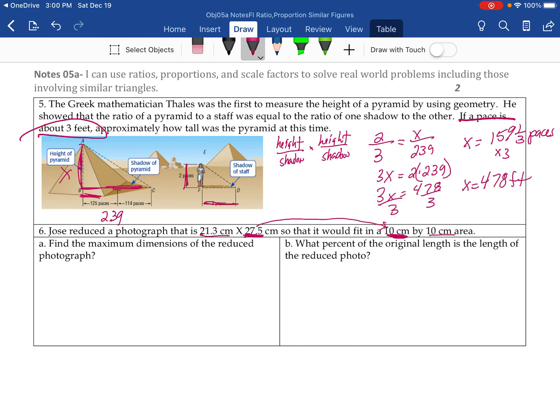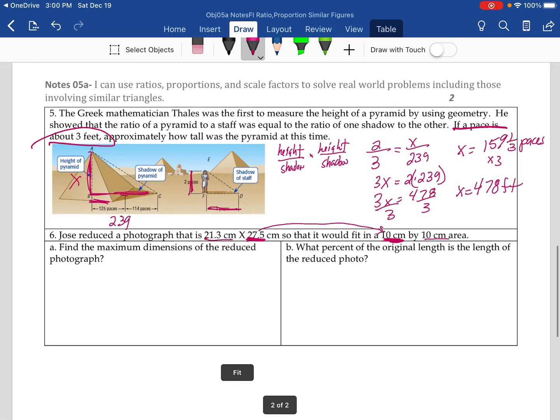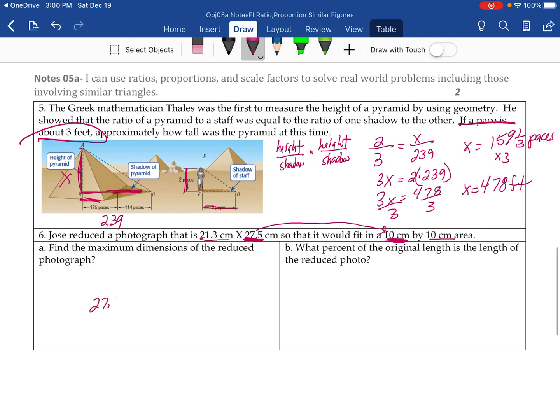Because we want to be able to use a maximum amount of the paper. So I want to shrink down 27.5 to 10 centimeters. So my question is, my 21.3 side, how big will that be when I shrink it down? Now I couldn't shrink this down to 10 because this would be bigger than 10. So that's why I'm setting it up this way.